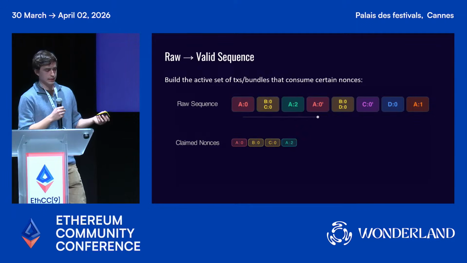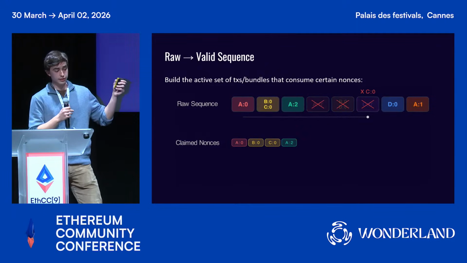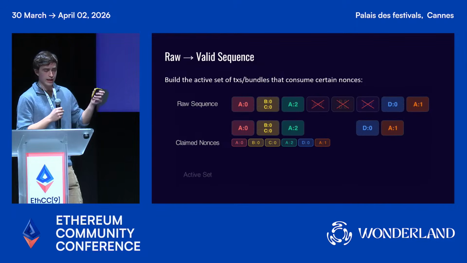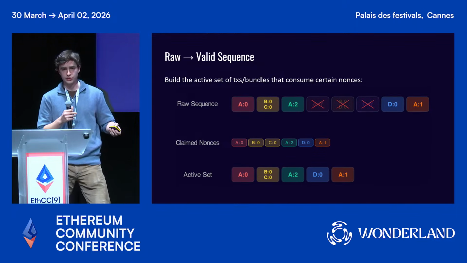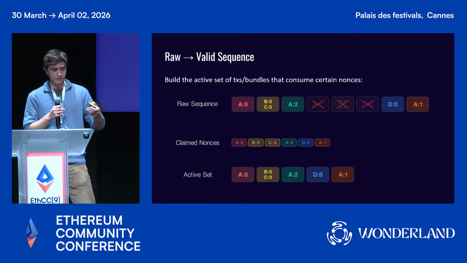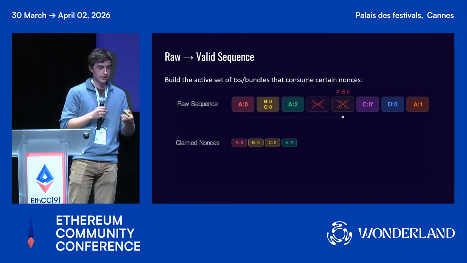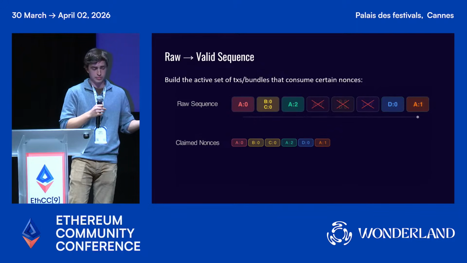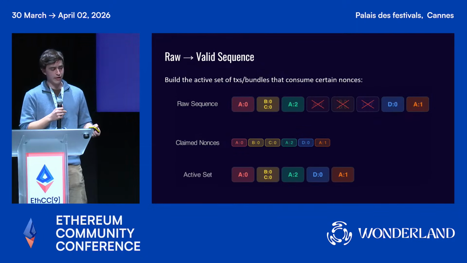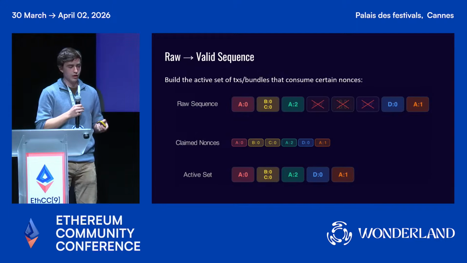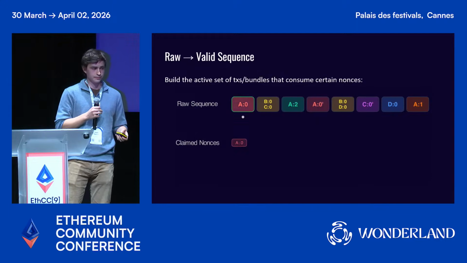The first step is we iterate over the rule sequence, and every transaction bundle is going to try to claim certain nonces. But if a transaction tries to use a nonce that's already been claimed, then we just discard it. So very simple, but this lets us have this active set of transactions and bundles which we're going to be using.